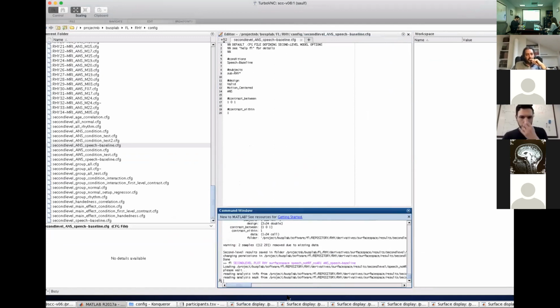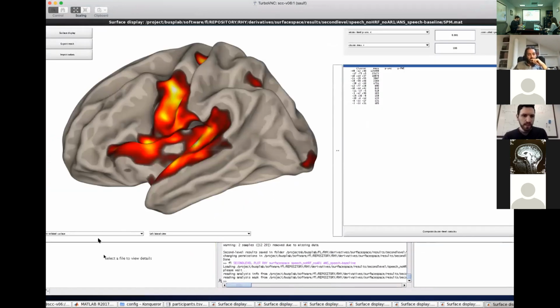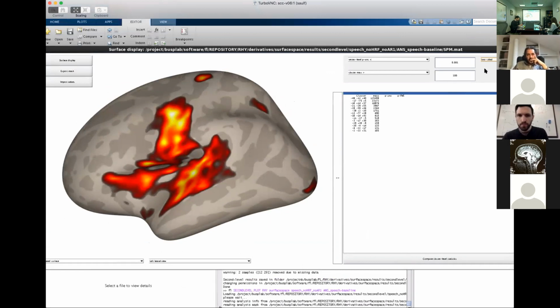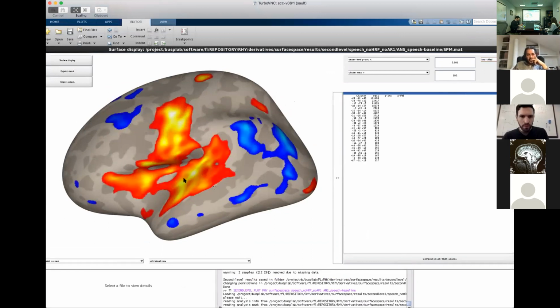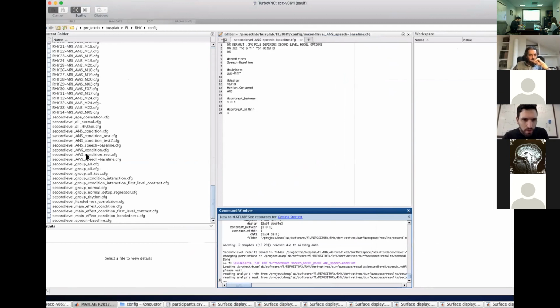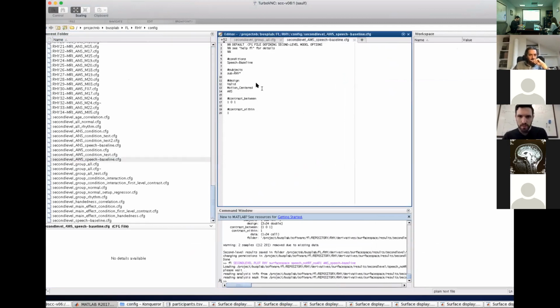So here's just the control group speech minus baseline. Looks relatively normal. And you can look at both sides. Now when I run the stuttering group speech minus baseline, do the same thing, just replace exactly. There.